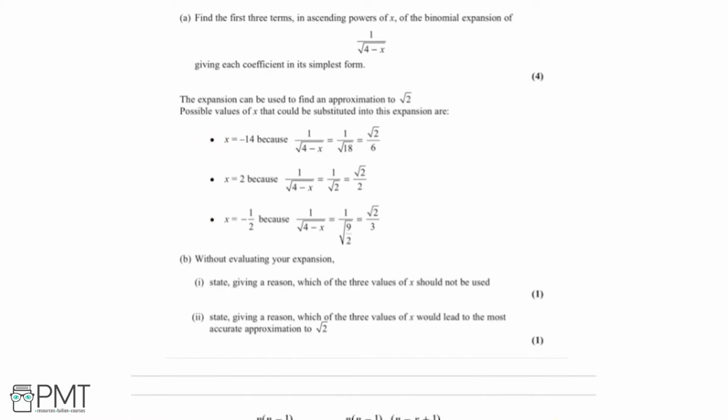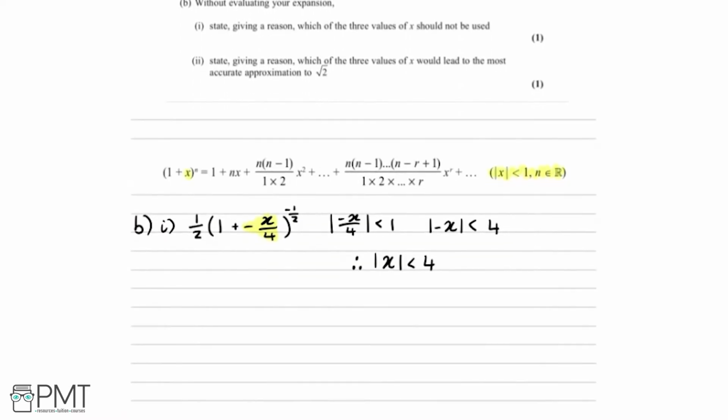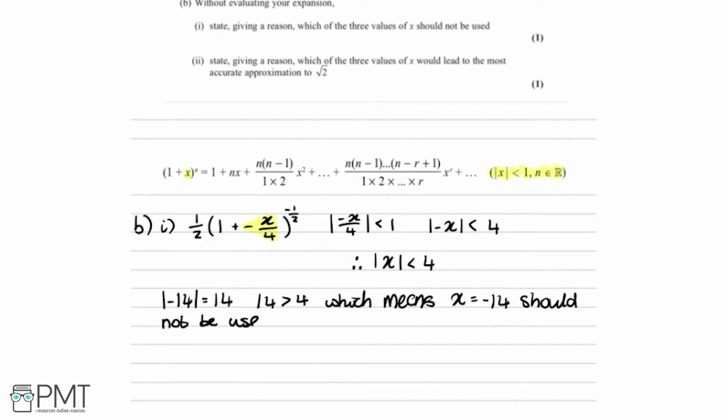So the modulus of minus 14 is 14, and 14 is bigger than 4. So no, that's not okay. So writing this out formally, the modulus of minus 14 equals 14, and 14 is bigger than 4, which means x equals minus 14 should not be used, since x equals minus 14 is not valid for the modulus of x is less than 4. Now take a look at B part 2.